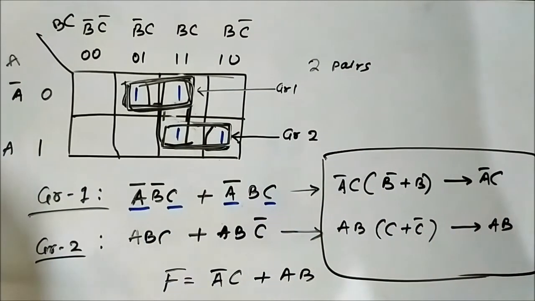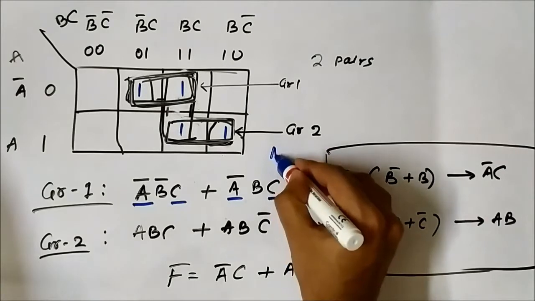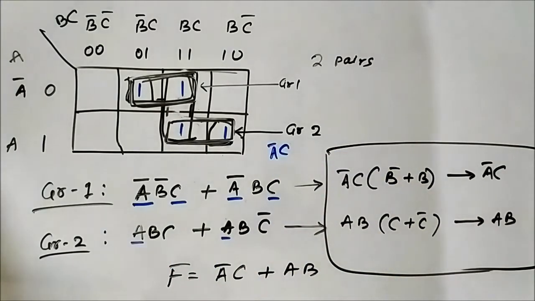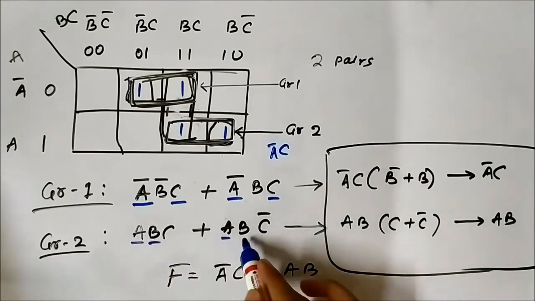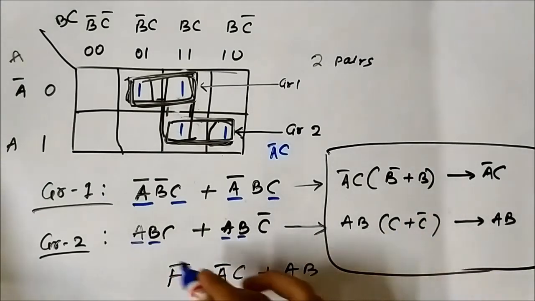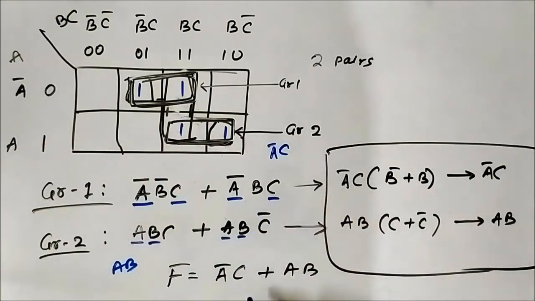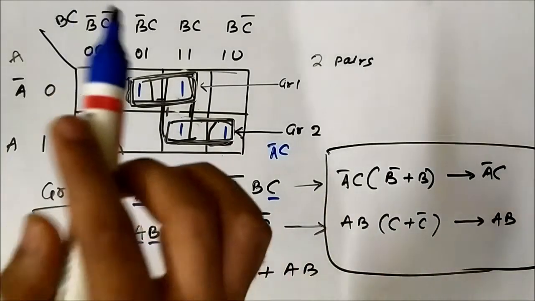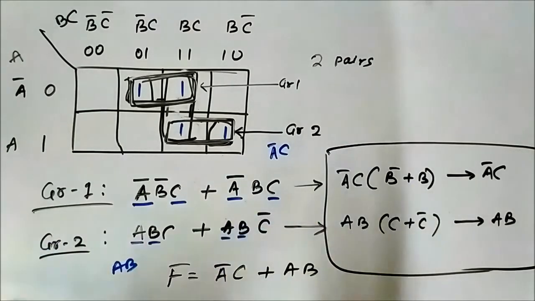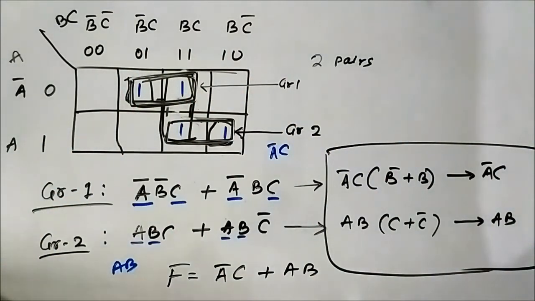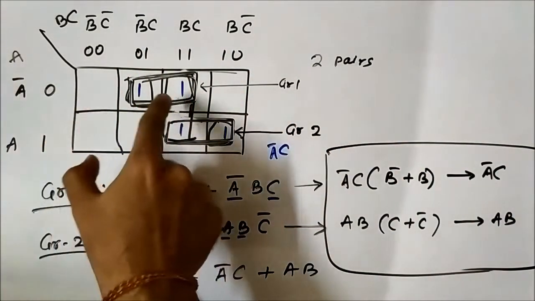So directly you can write A bar C. Here A is common in both Boolean terms, B is common in both, so directly you can write AB. Directly write the answer A bar C plus AB. When you practice more and more questions, just by looking at the K-map after the groups have been formed, you will get to know the answer.